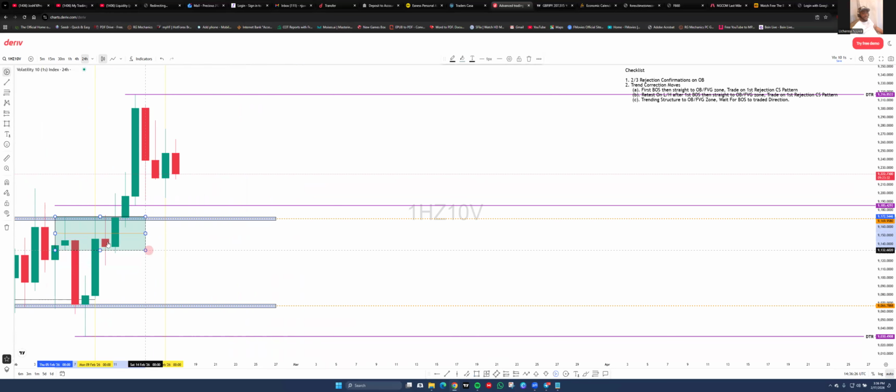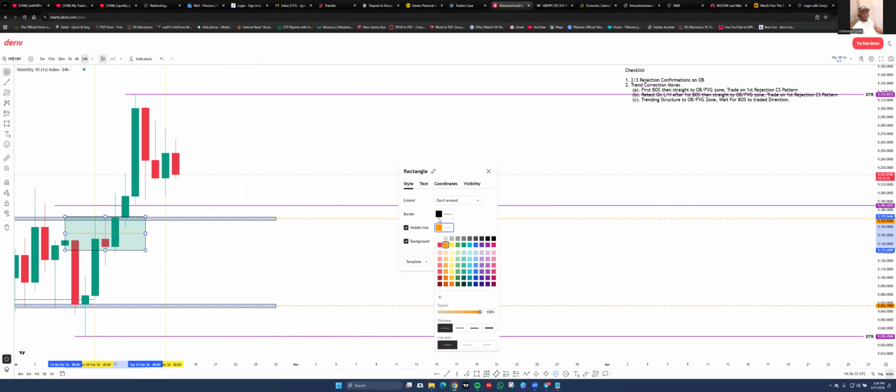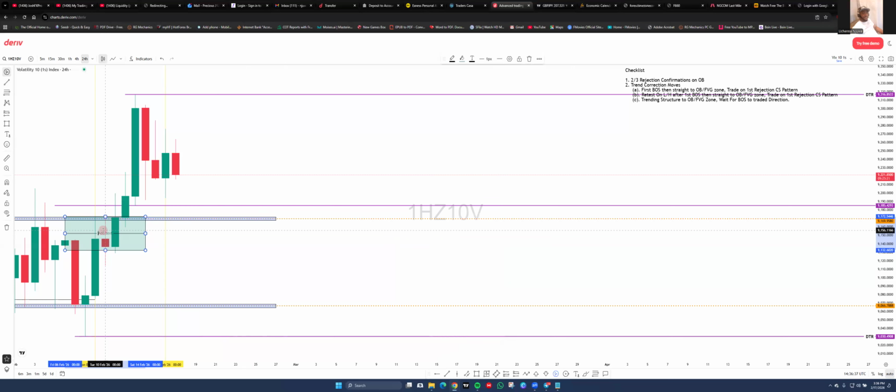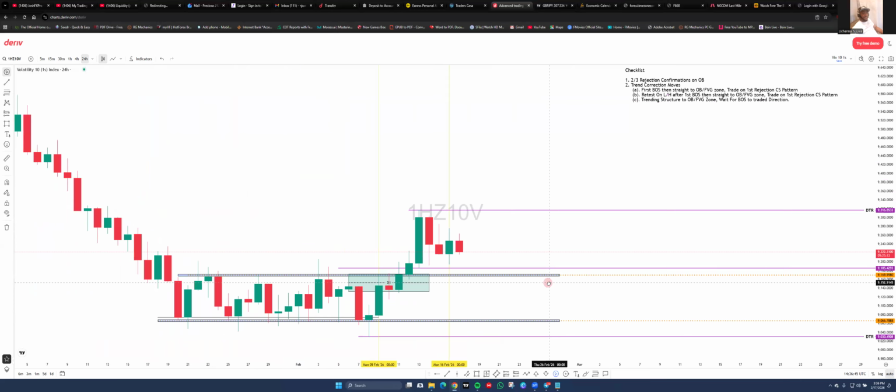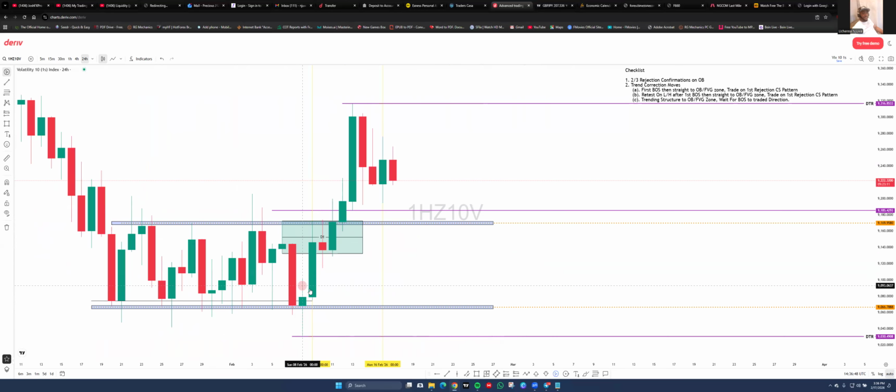I'll bring it back, don't worry, I know it's too extreme to the other side of the chart. Let me change this to black. B1. So this was the other block we'd be expecting on daily. On Monday, the market got to that other block zone.